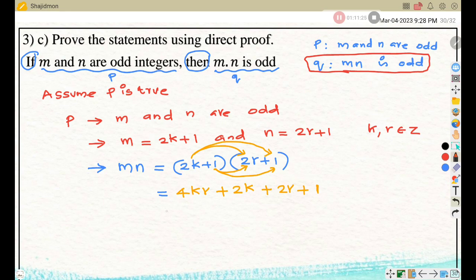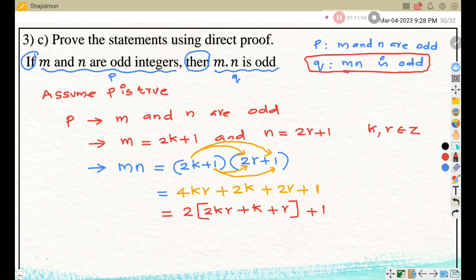Now for the first 3 terms we can take 2 outside: 2 multiply, what is the balance? 4kr, taking 2 outside means 2kr, plus 2k, 2 outside means k, 2r, 2 outside means r, plus 1, correct?